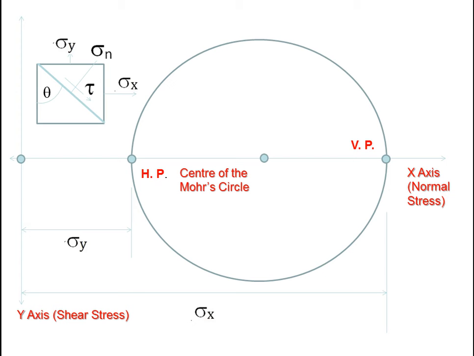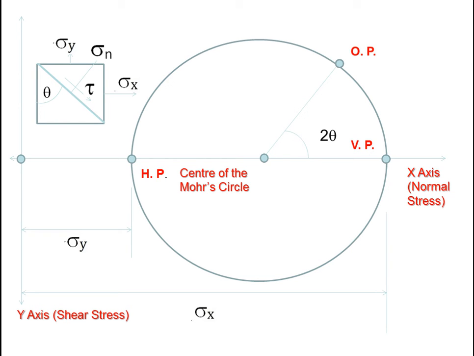So to mark the oblique plane in the Mohr circle from the vertical plane, we have to multiply the angle theta by a factor of 2. Here from the vertical plane we mark the angle 2 theta, then we join this angle from the center of the Mohr circle, and we get one point on the Mohr circle. This point is called the oblique plane.